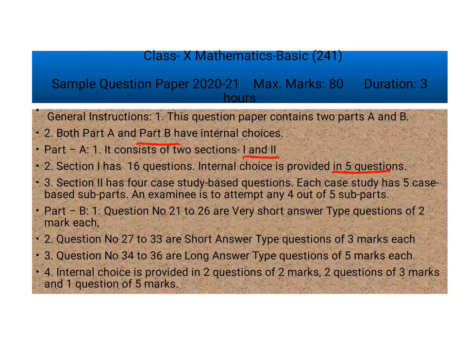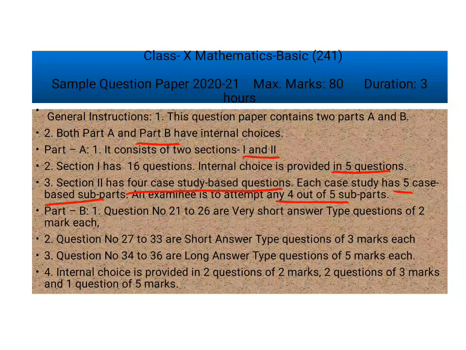Section 2 has 4 case study based questions. This is new for the students. Each case study has 5 subparts. An examinee is to attempt any 4 out of 5 parts.